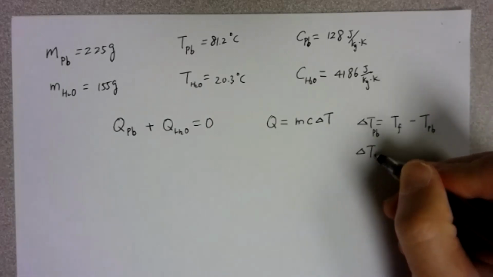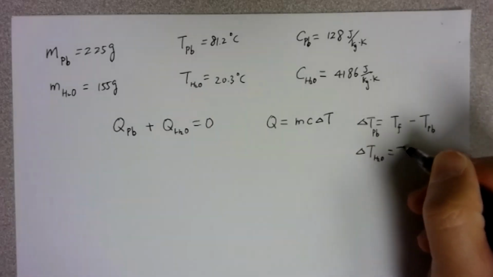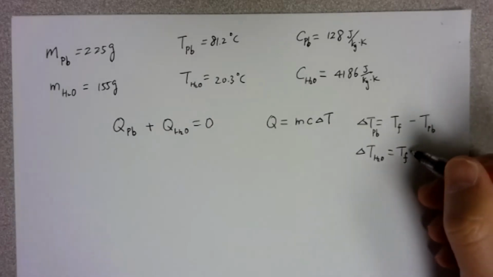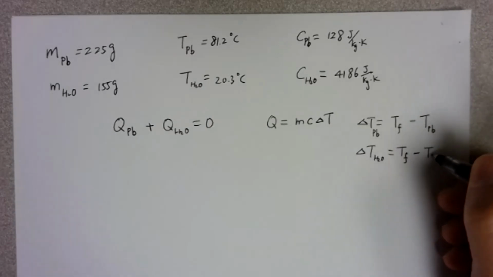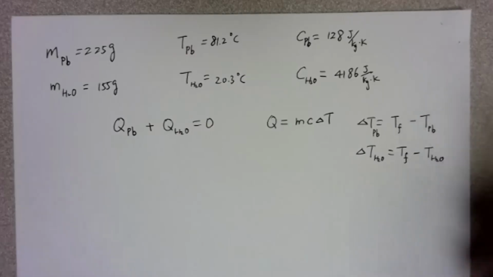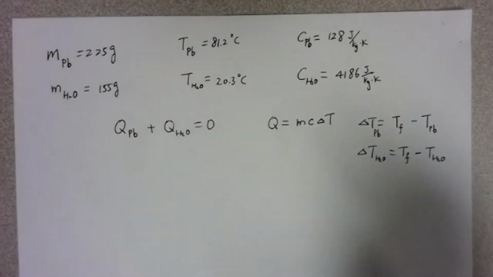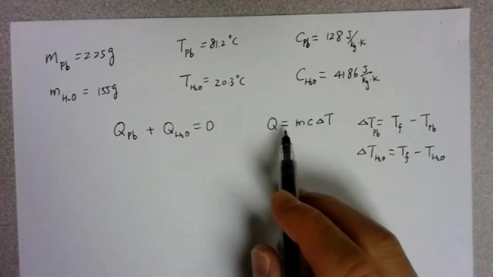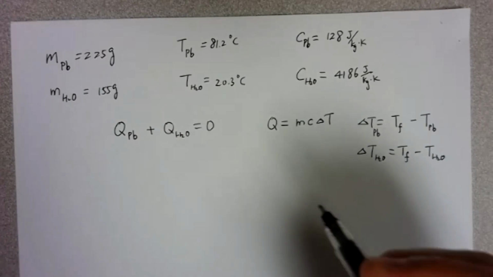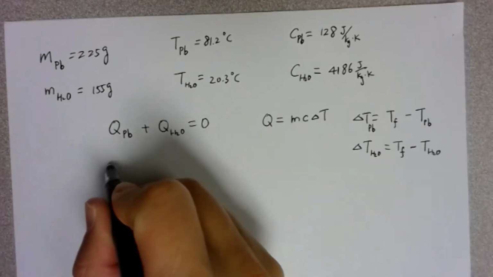The change in temperature of water, H2O, will be the same equilibrium final temperature, because the two reach equilibrium. That means the two have the same final temperatures. All right, so applying this equation, you'll get QPb, right?